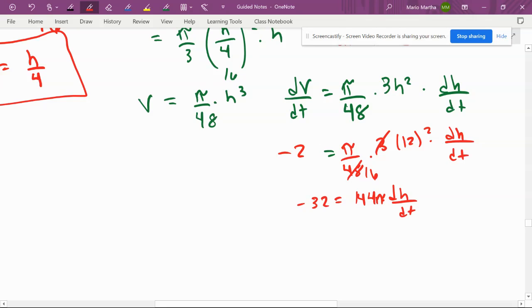Divide both sides by 144, and we end up with -32 over 144 equals pi dh dt. So we can say that dh dt is equal to, once we simplify, -2 over 9 pi meters per second.